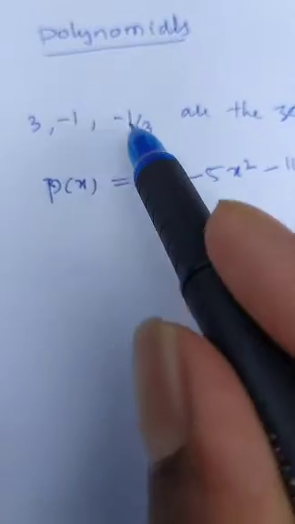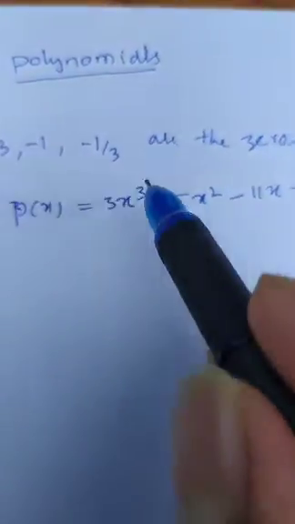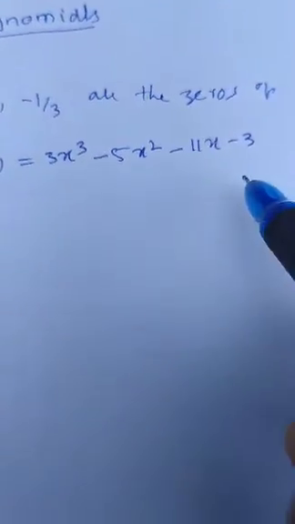This is an example problem, not the exact problem. So how many zeros do we have? 3 zeros. This is alpha, beta, gamma for a cubic polynomial. We have alpha, beta, gamma as the zeros of this polynomial.